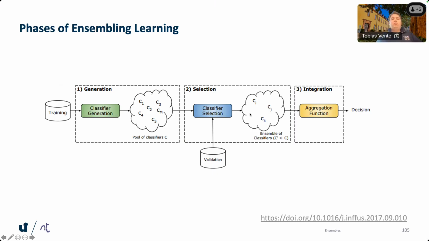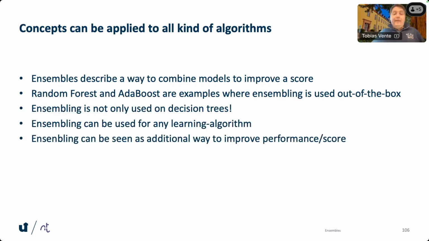This is a whole research field, just to figure out what models to pick. Then you put this into an aggregation function. Sounds fancy, but most of the time it's just majority voting. And then you have your decision. This is how you can see ensembling in the whole pipeline of machine learning.